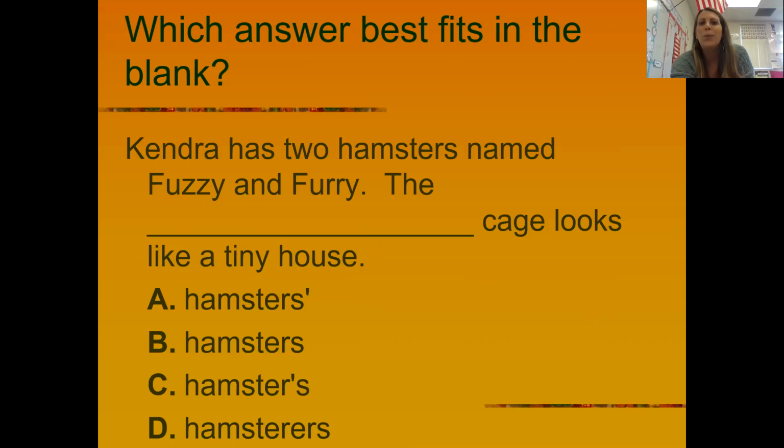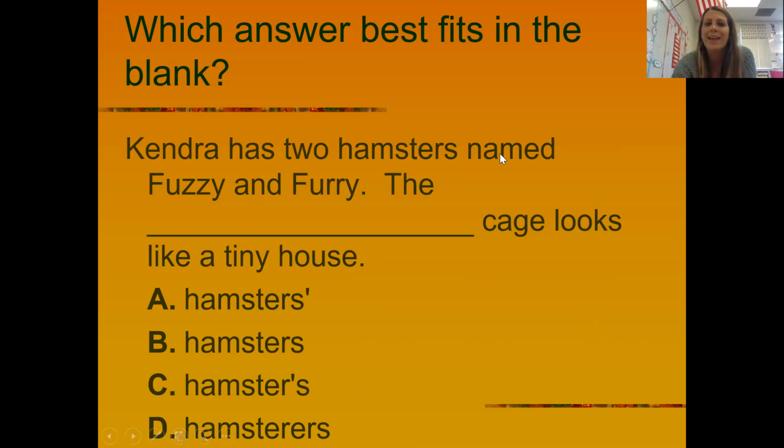All right. Which answer best fits in the blank? Kendra has two hamsters named Fuzzy and Furry. Right here, I just want to point out hamsters. It has an S. It doesn't have an apostrophe S. That means it's a plural. More than one hamster, right? They have two.